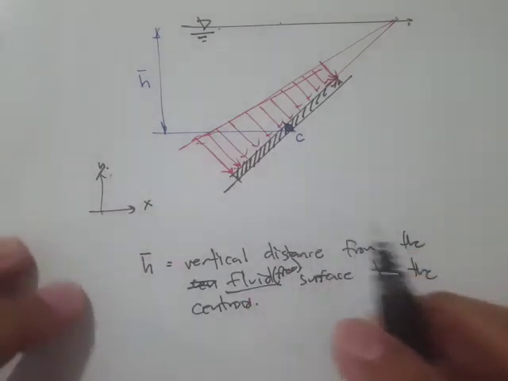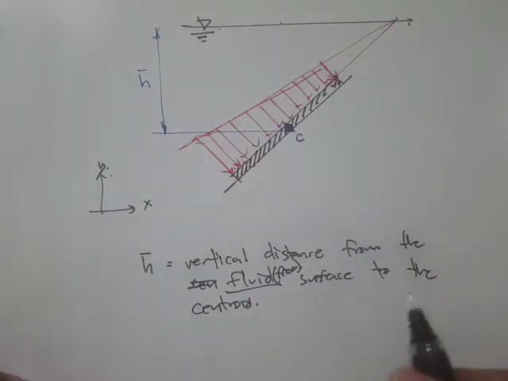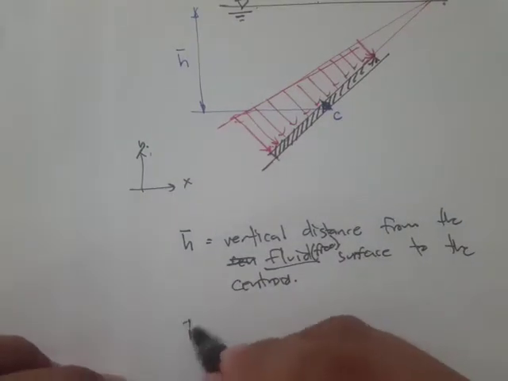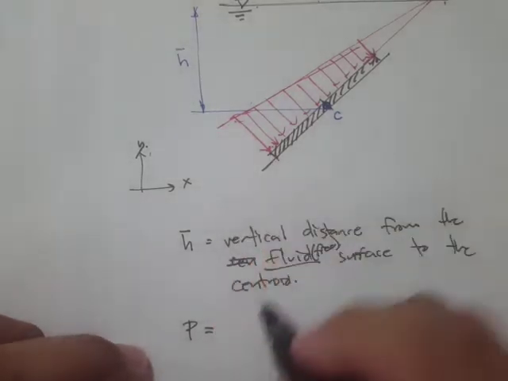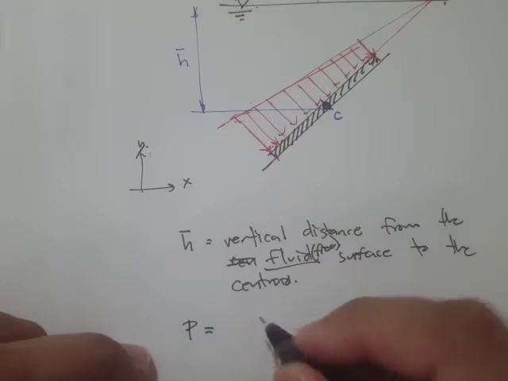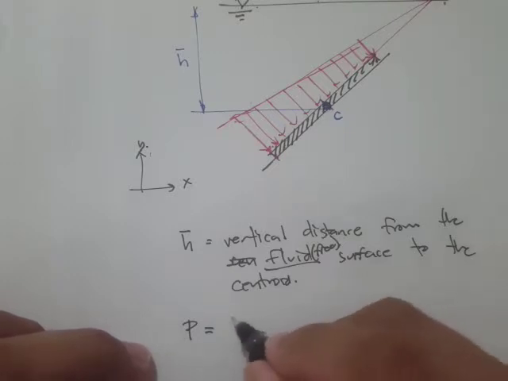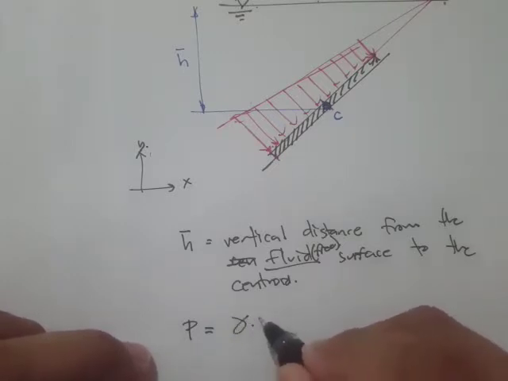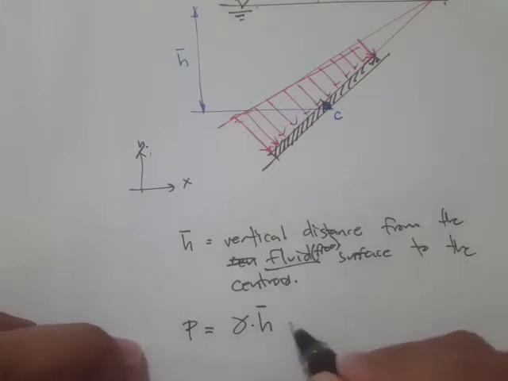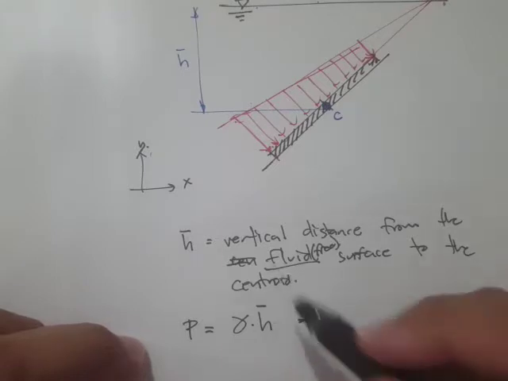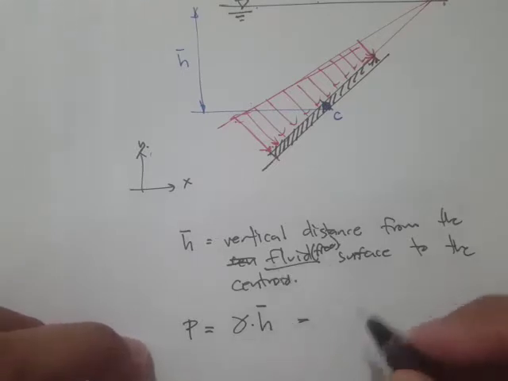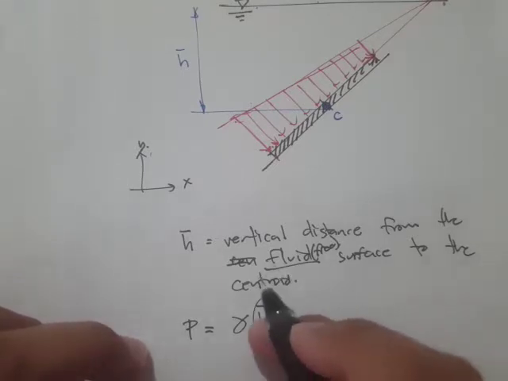So that's our h, and therefore to solve for the pressure is just simply the hydrostatic equation, which is the unit weight times the h bar. Take note that this is h bar.